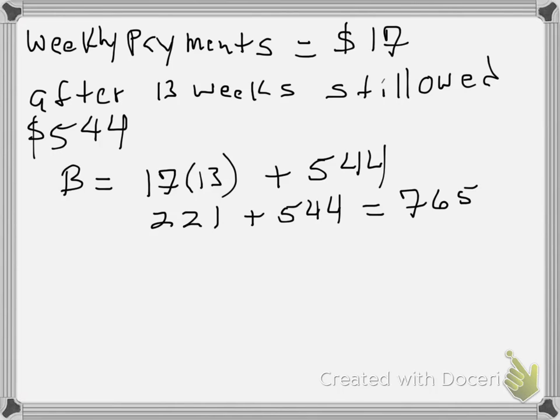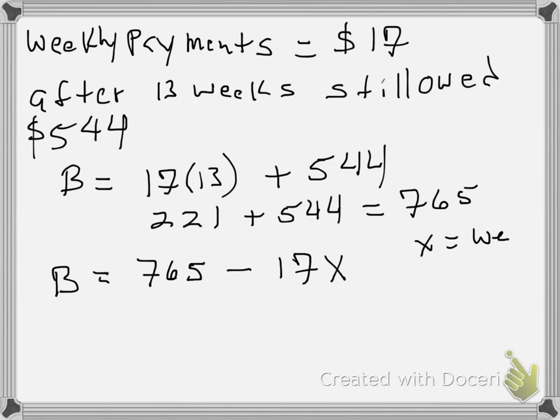So his balance, we could figure out his balance, as being $765 minus 17 times x, where x equals the week number. Okay. So there's a formula for Jack to figure out how much he owes after so many weeks.